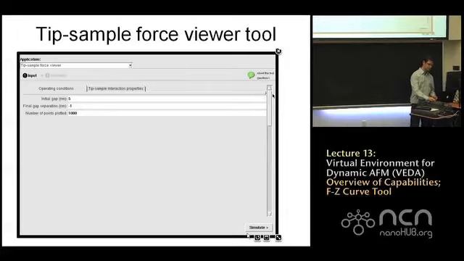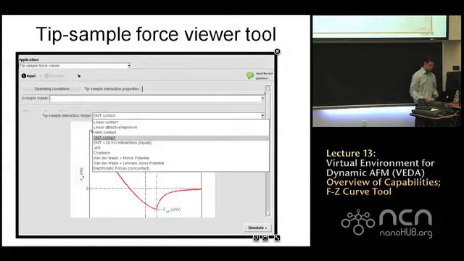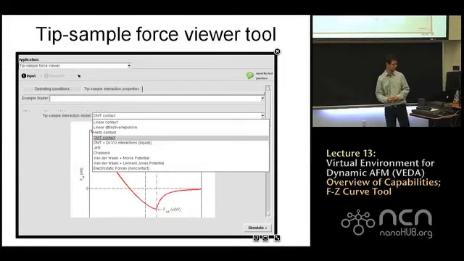Okay, so let's select the tip sample interaction properties tab. A page comes up and there's a drop-down menu for tip sample interaction model. If you click the drop-down menu, you'll find that there are several interaction models listed here.